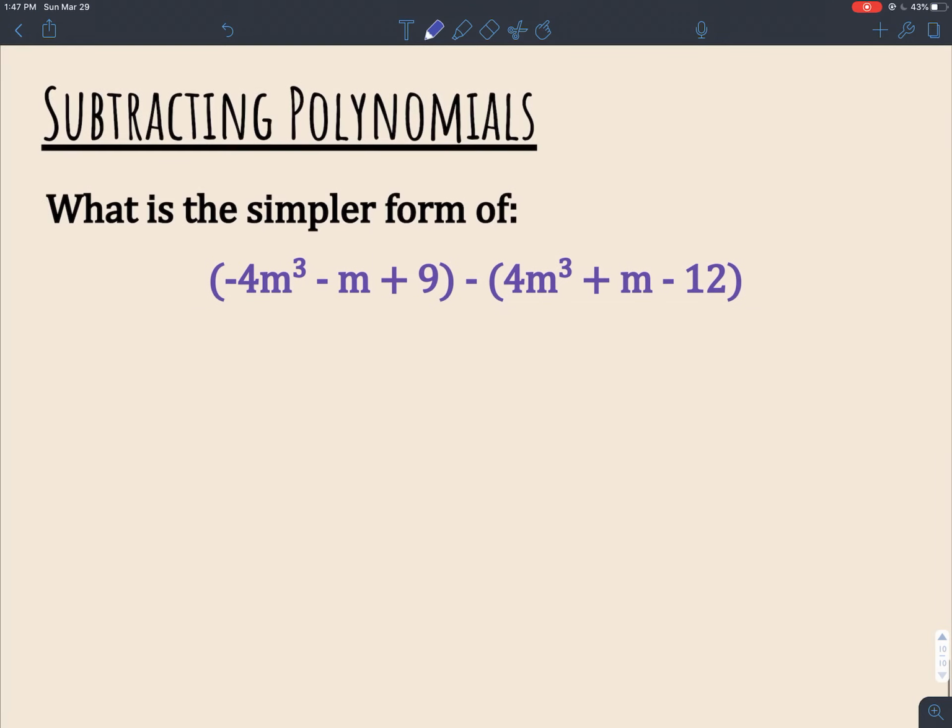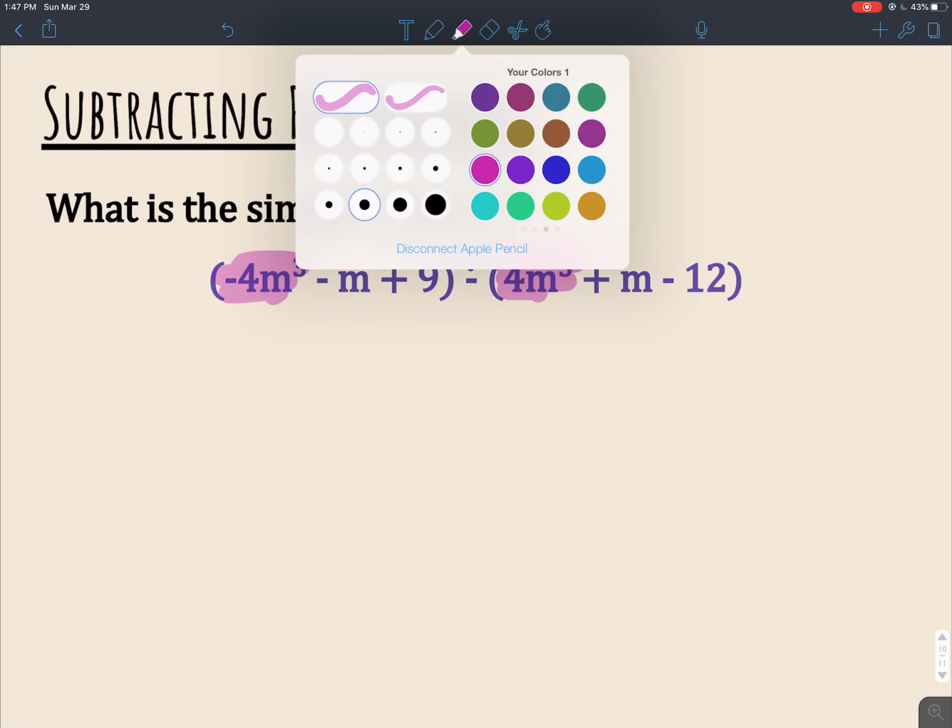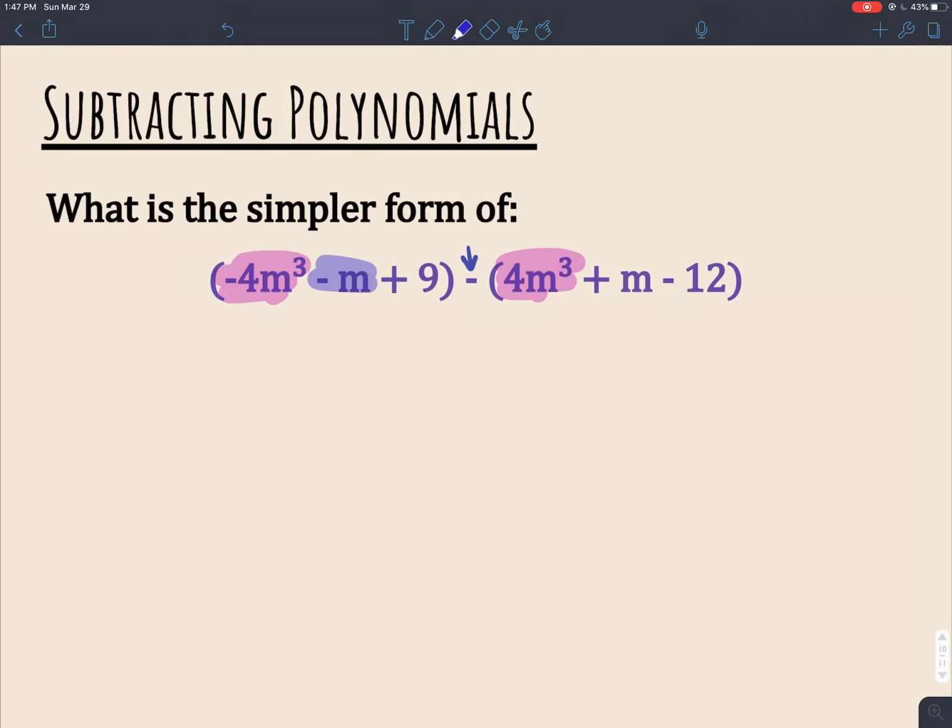Let's do one more. Again, notice we are subtracting. So I have my minus 4m cubed, and I have a 4m cubed. And then we have minus m plus m, and we have a 9 and a minus 12. So let's combine these. I have a negative 4m cubed minus 4m cubed, so this is going to give us negative 8m cubed.